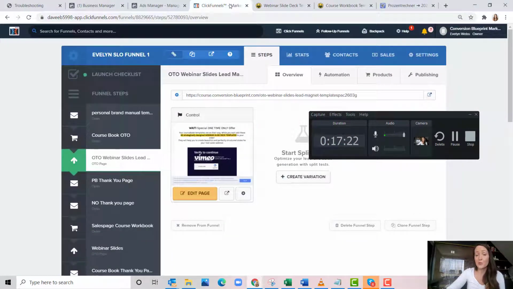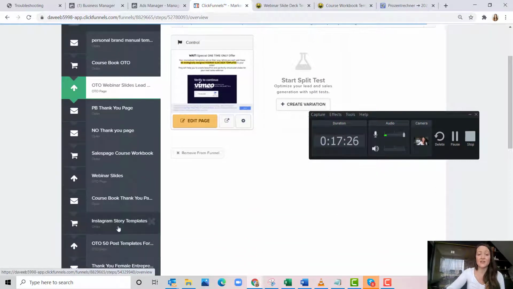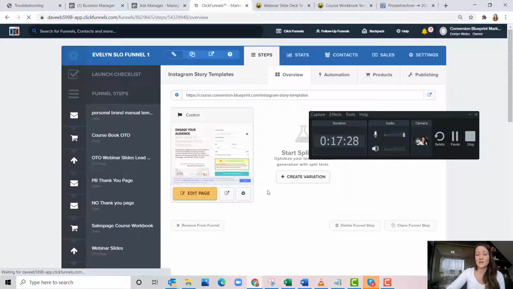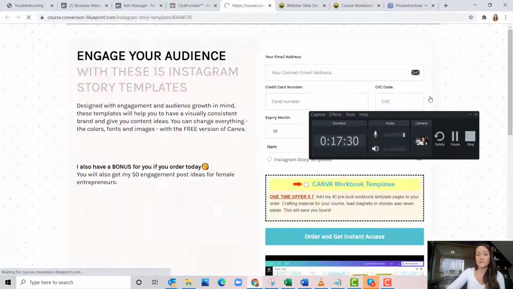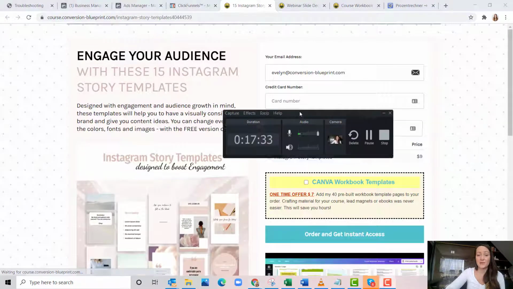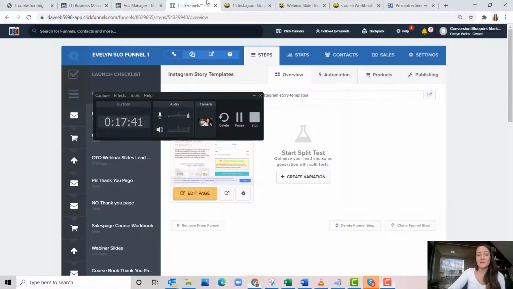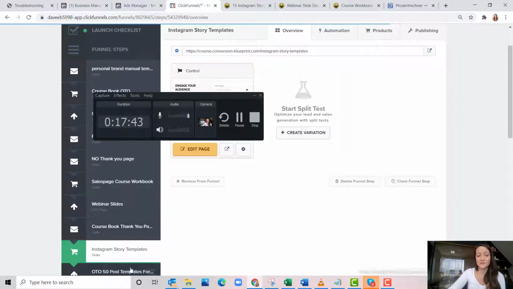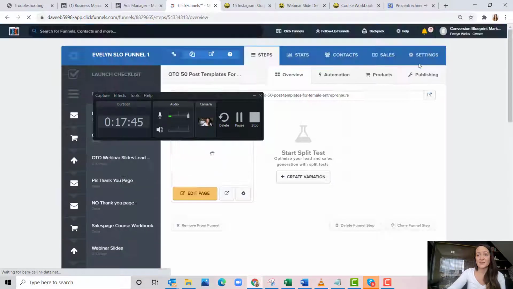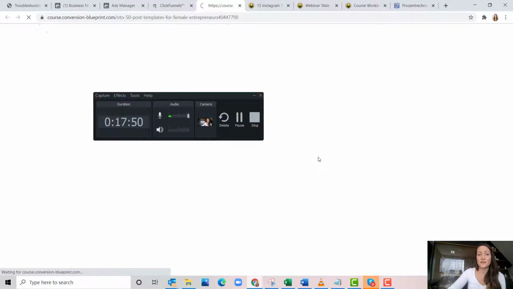And significantly more people were taking the order bump and the upsell than on the Instagram story templates, where my product is $9, my order bump is only $7. So that's also a significantly lower priced order bump. And then my upsell is $27, which is just more of the templates.